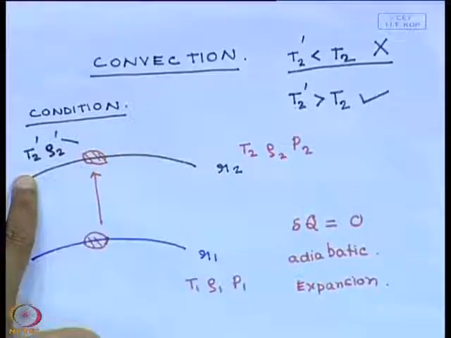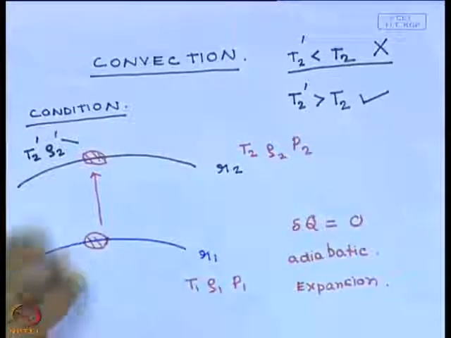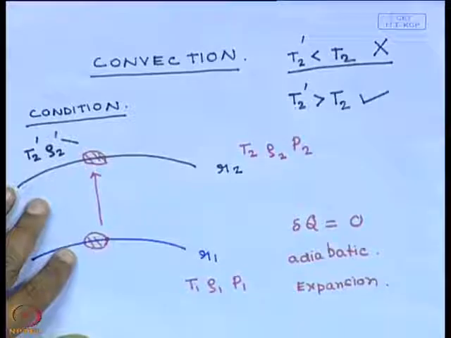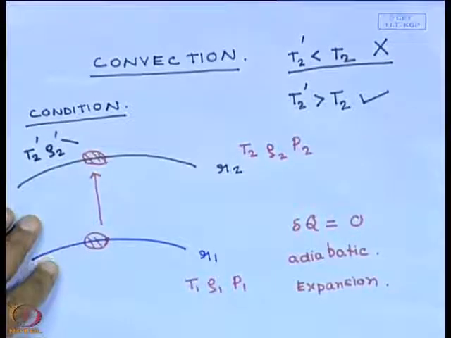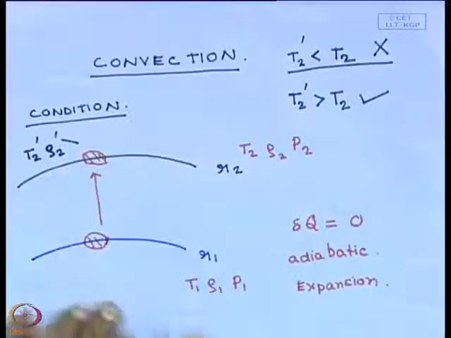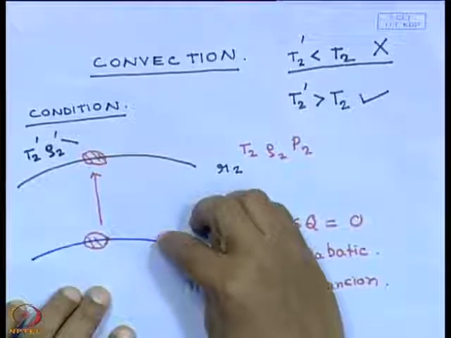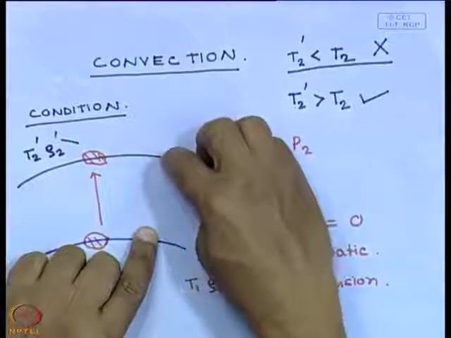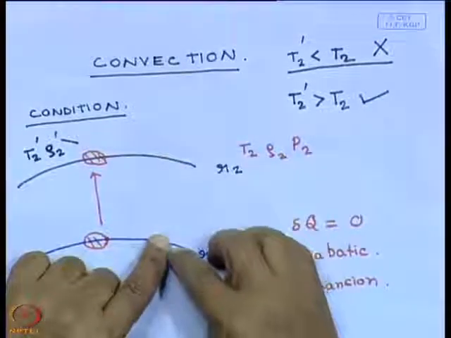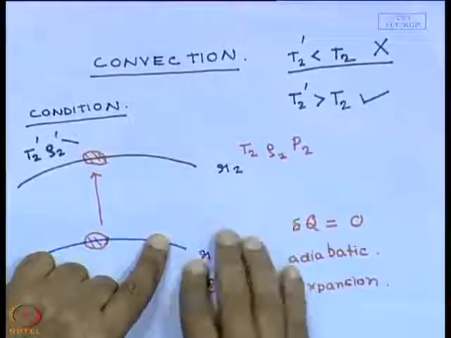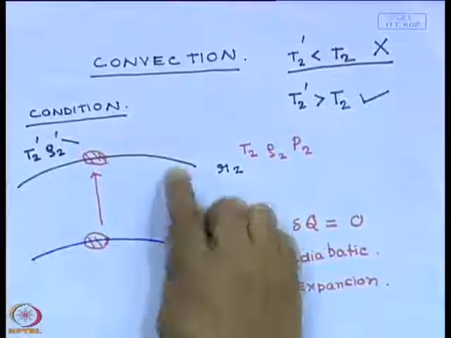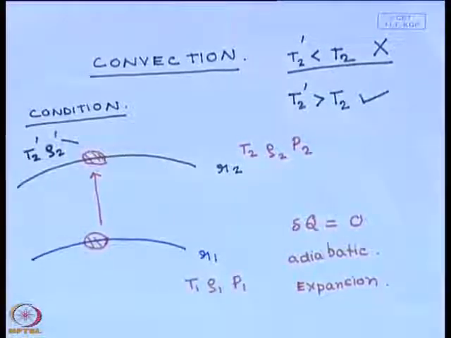This is the condition for convection in general. And in this case, the temperature profile of the bubble and the surrounding temperature are both determined by the radiative transport of energy.